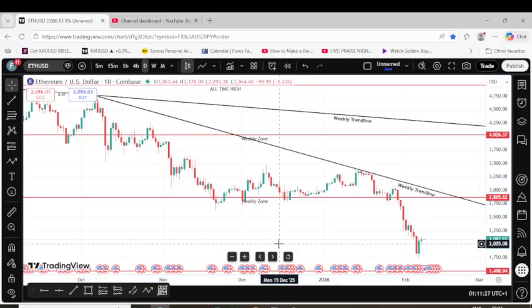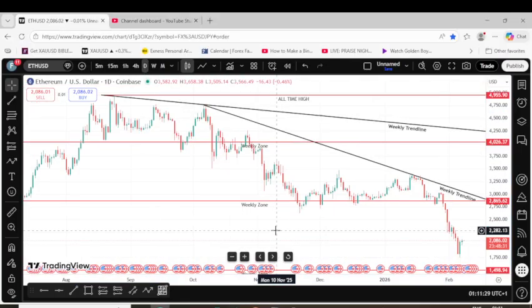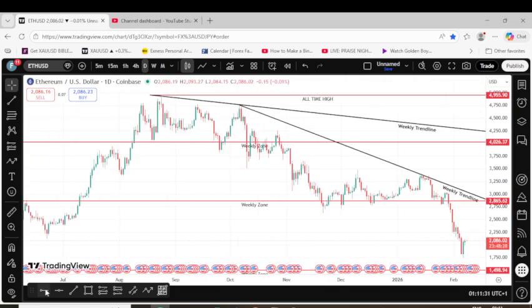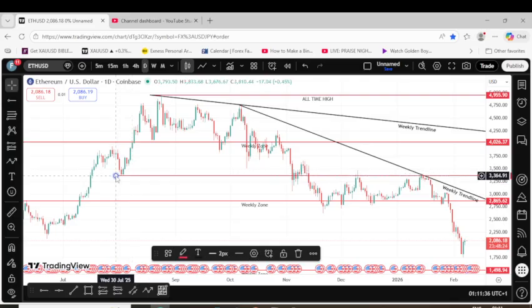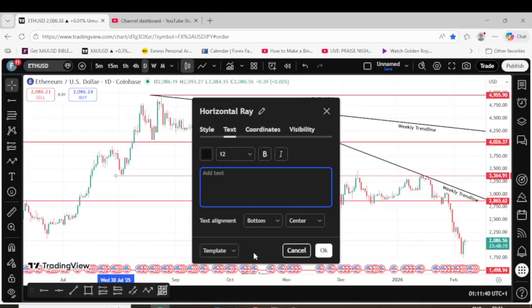So let's go down to the daily time frame and do the same thing. We'll identify our zones and then any potential trend lines. So we have a zone here. This is a daily zone.